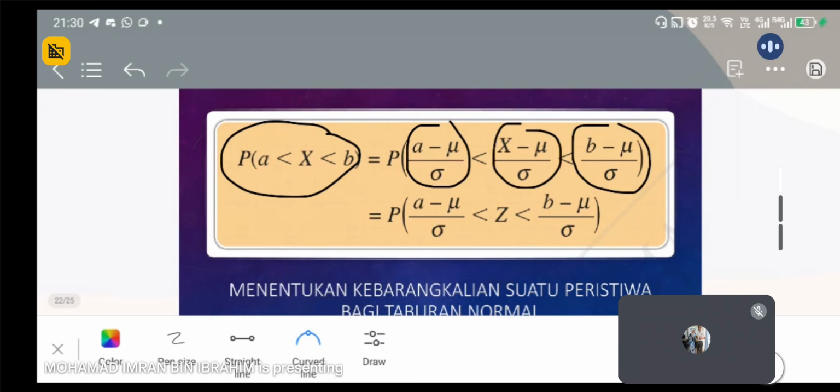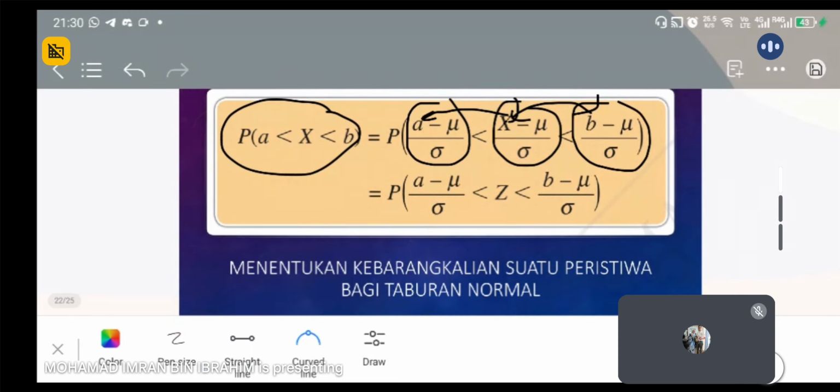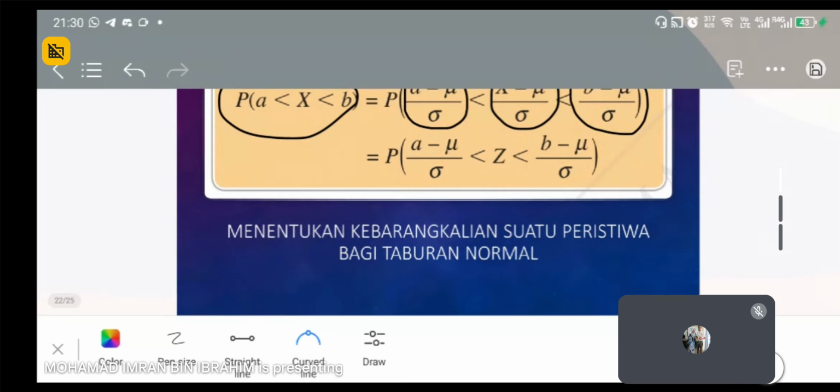So this is the actual, but this X we change it to this one, and we change it to B. And at this point, we know that it is also equal to P, the probability of A minus mu over sigma, less than Z, and Z is less than B minus mu over sigma. So that's it.